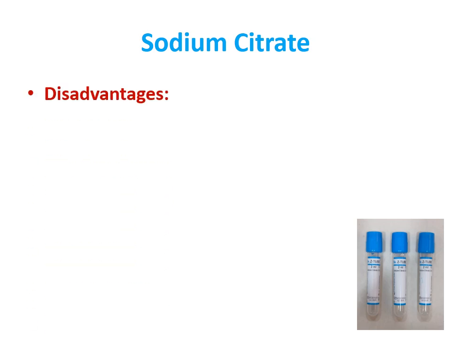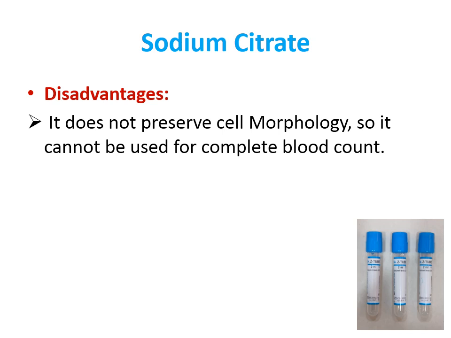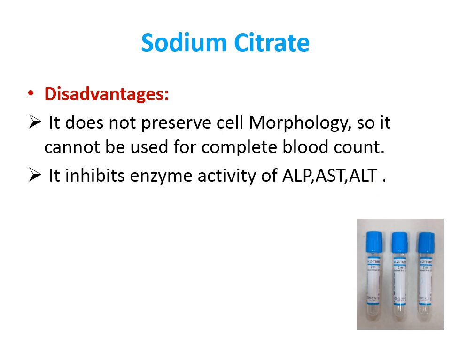What are the disadvantages of sodium citrate? It alters the cell morphology, so it cannot be used for complete blood count. Moreover, it inhibits enzyme activity of alkaline phosphatase, AST and ALT.